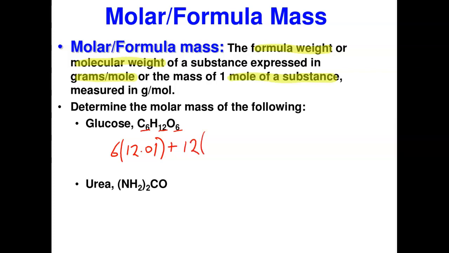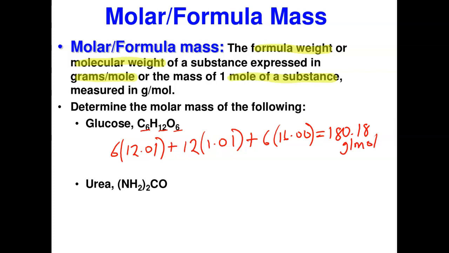We have 12 of them, so we multiply that by 1.01, plus there are 6 atoms of oxygen, and each atom of oxygen weighs 16.00. If you do your math correctly, you're going to get 180.18 grams per mole of this substance.